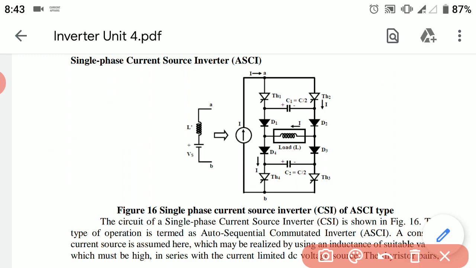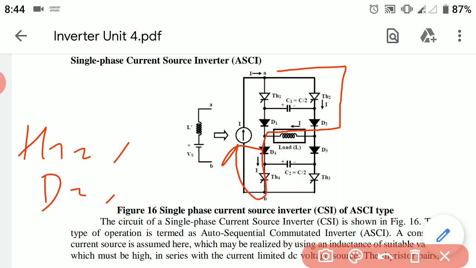In this condition, the current from the current source will flow in the circuit through the thyristor TH2, then D2, then load, then D4, and last TH4. The current path is shown here.